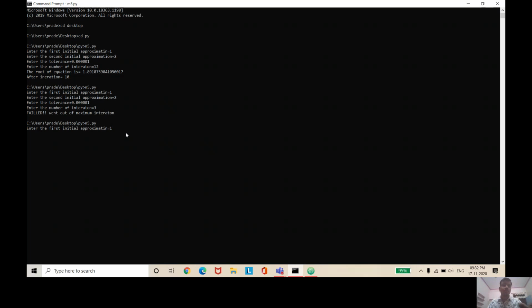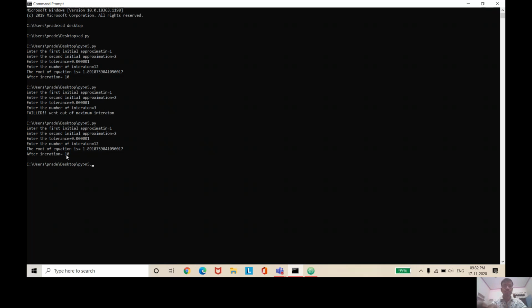So I'm taking the first approximation as 1 and the second approximation as 2, and the tolerance value is up to 5 digits.